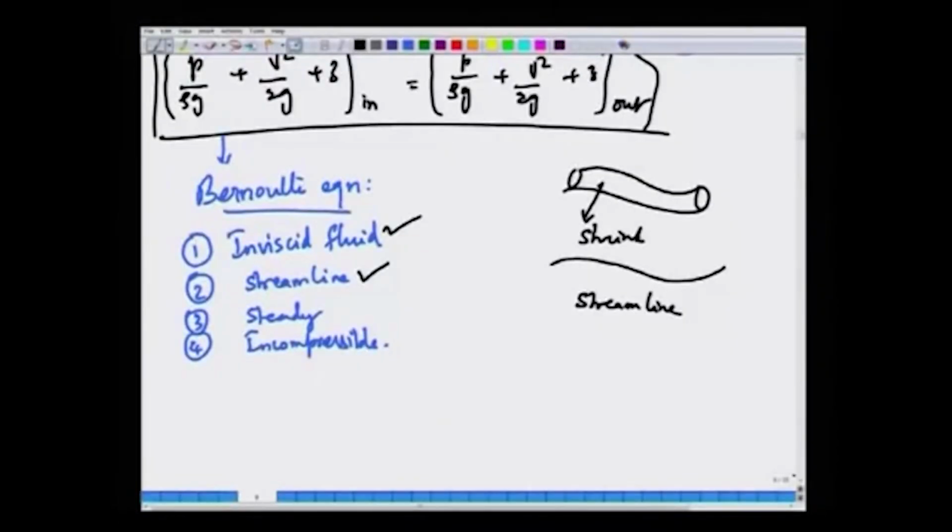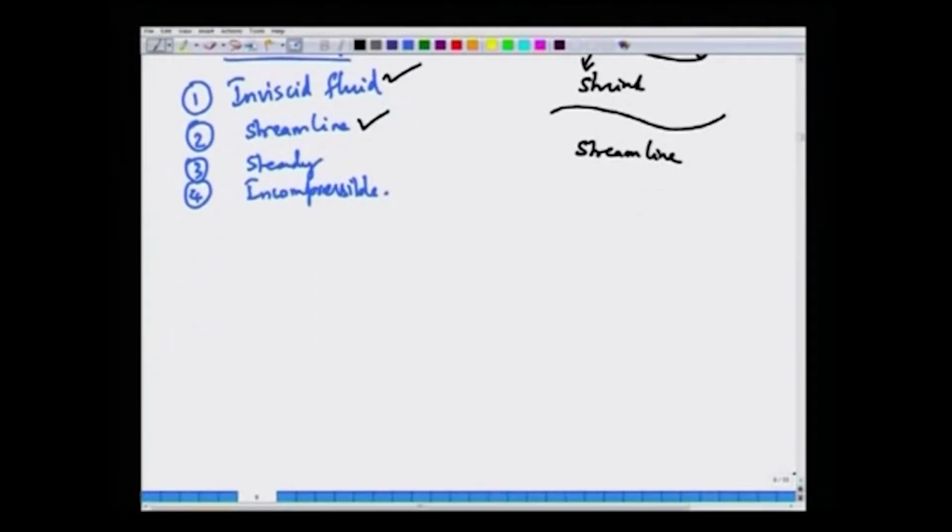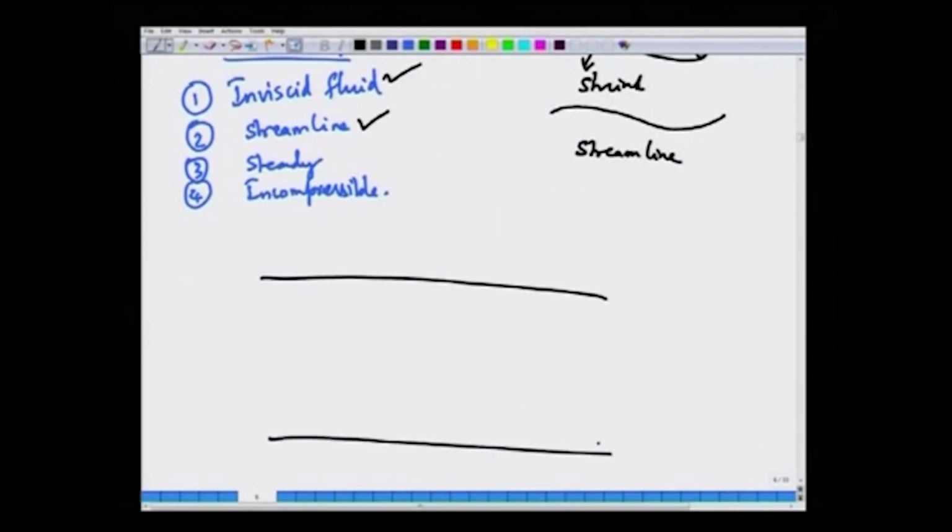So, we can ask the question, when can the Bernoulli equation be valid? Suppose you have a system like this, a flow past an airplane model, a tiny airplane, okay. Let us say the airplane is stationary and flow is coming like this, okay.